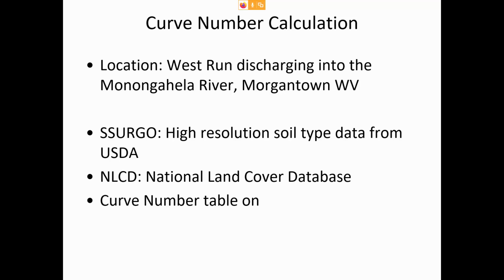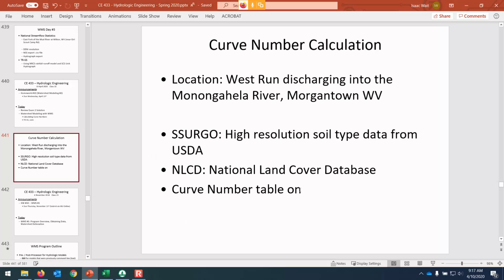You used that from one of your previous homework assignments, and so you're familiar with what those soil polygons look like. And we're going to also utilize the National Land Cover database, and then there's a curve number table available on Blackboard.